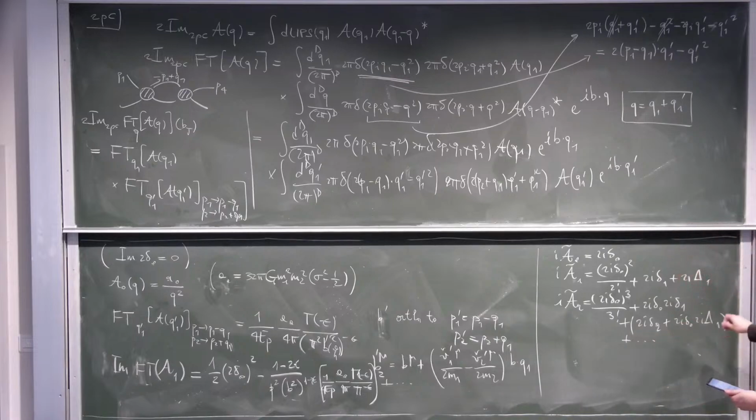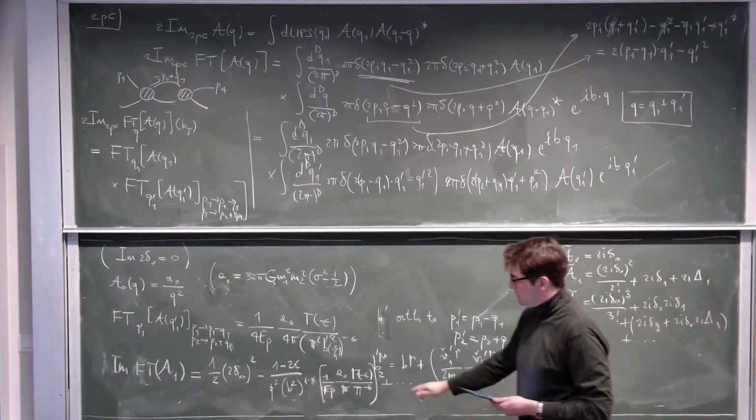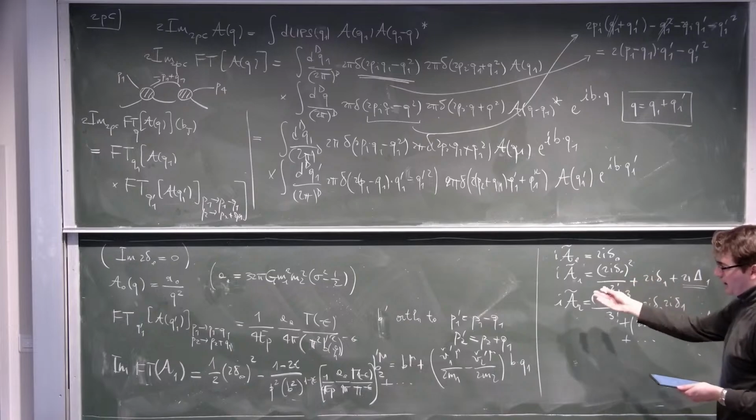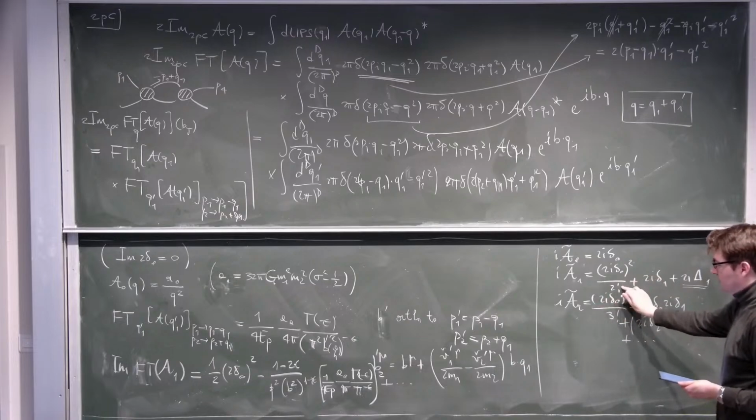Okay. So now what I'm trying to say is that this beast here will only contribute to this quantum remainder here, because it's suppressed by 2 inverse powers of b with respect to the leading order.